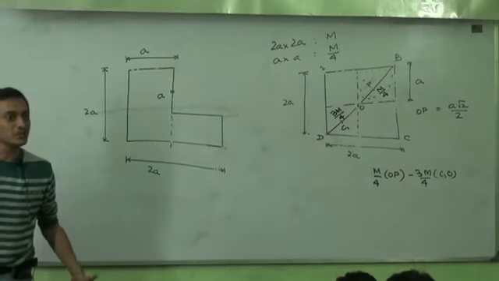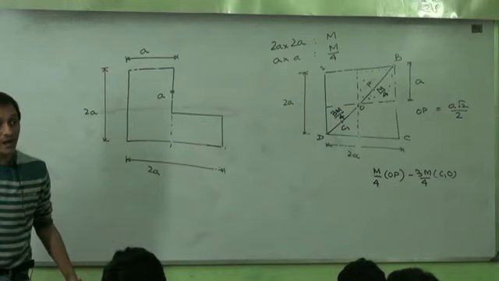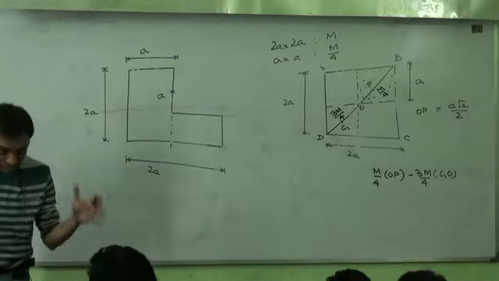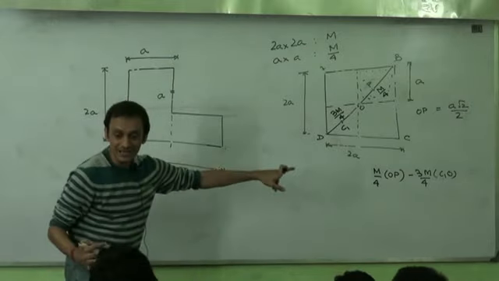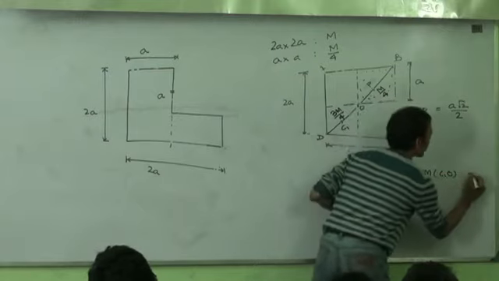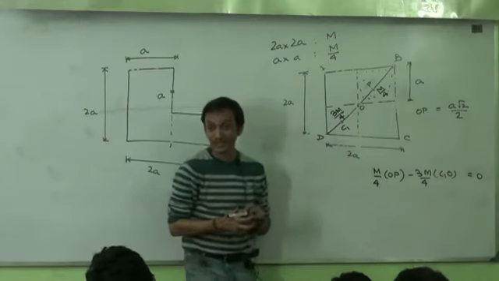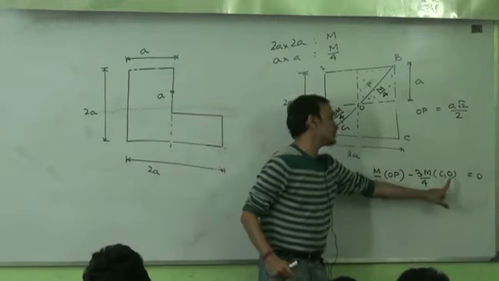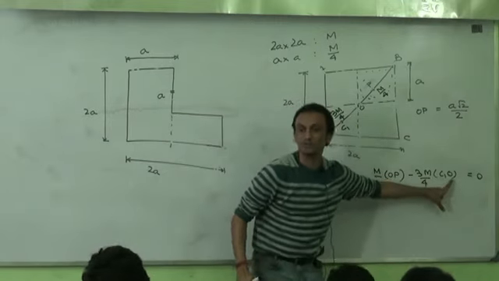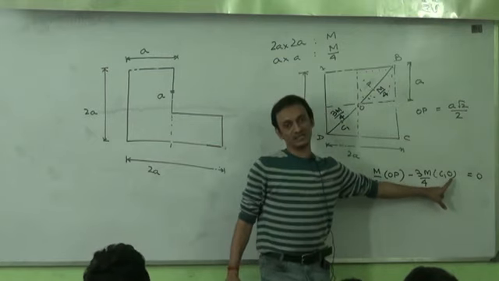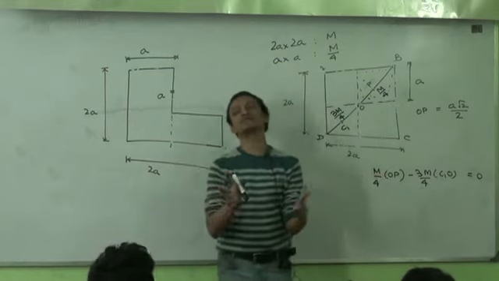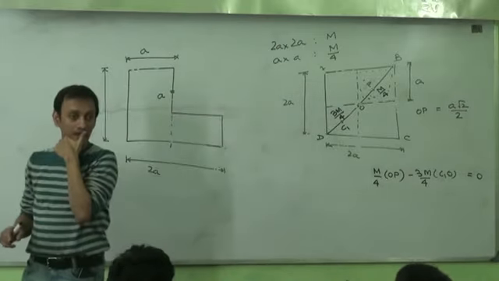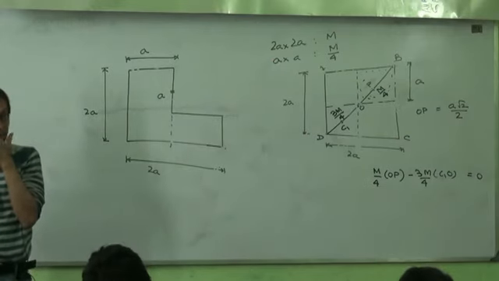That's the algebraic sum of the moments produced about the center of mass of 3M by 4 and M by 4, that is, the center of mass of the whole thing. And this must be 0. C1O is what we wanted to compute. So OP we know is a root 2 by 2, and C1O could be obtained readily. That gives the center of mass of the remainder 3M by 4, which is now this L. Are you okay with this?